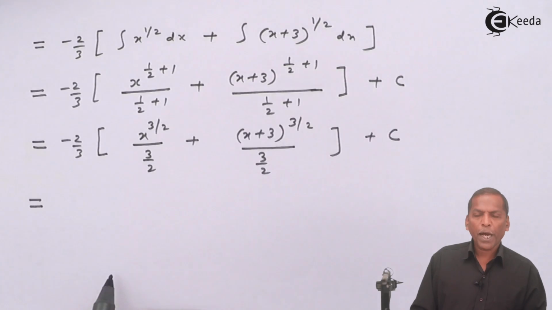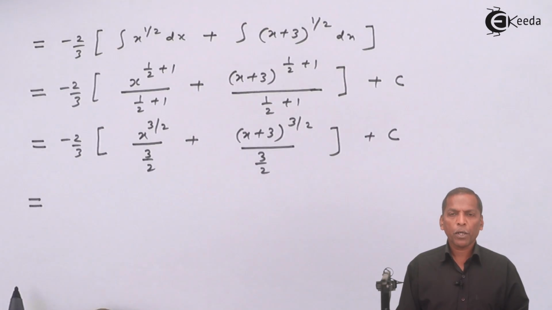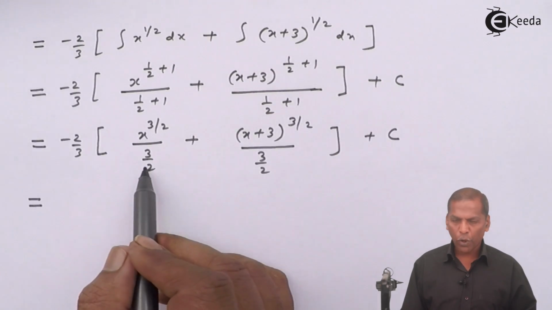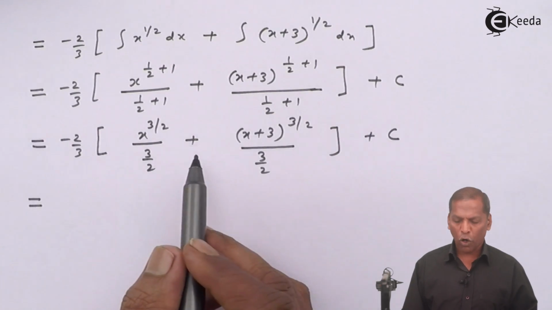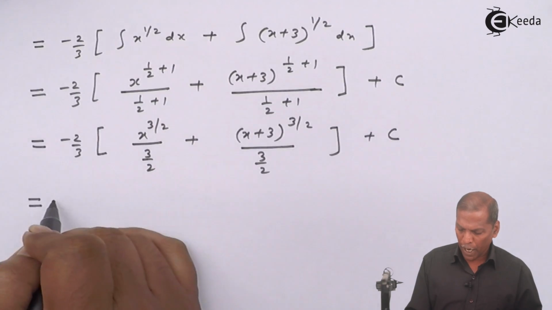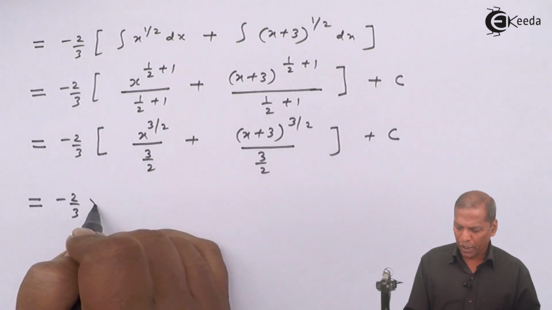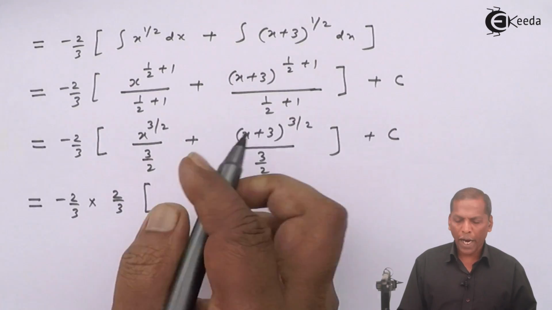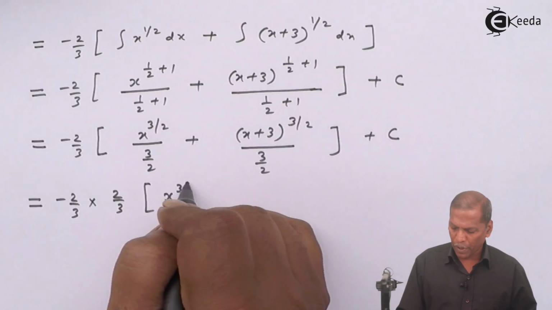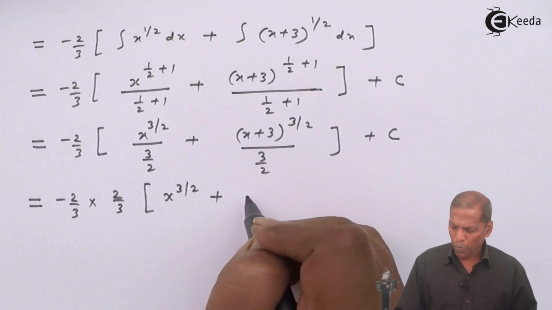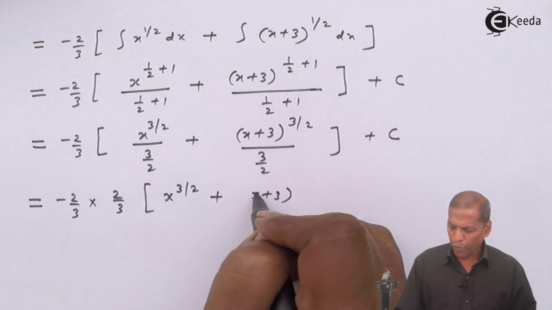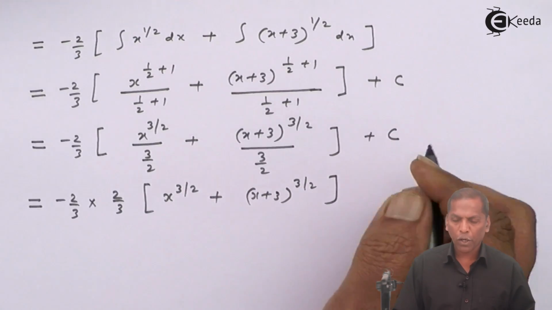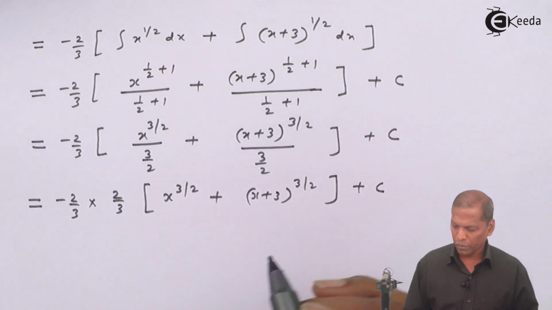Now if this 3 by 2 we take in the numerator, it becomes 2 by 3, and from both terms we take 2 by 3 common. So we have minus 2 by 3 into 2 by 3, and in the bracket we write x raised to 3 by 2 plus x plus 3 raised to 3 by 2, bracket complete, plus c.